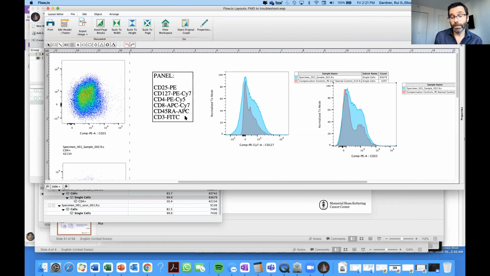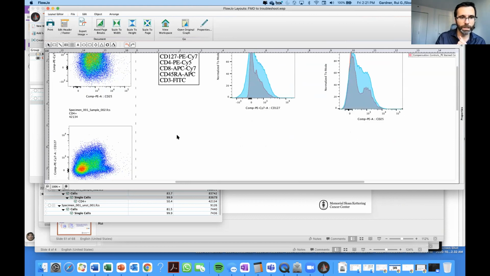So like I said, the best way is to run your FMO control at the same time, and then go systematically one by one and see, as you remove one fluorochrome, if you get an improvement on your population of interest, right?